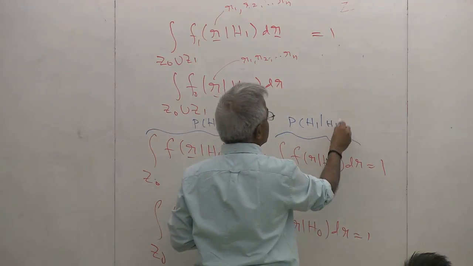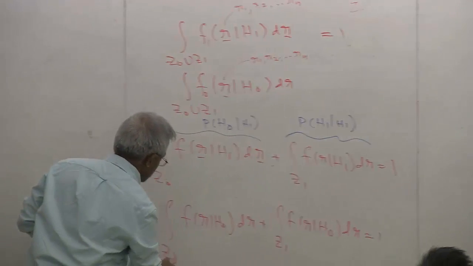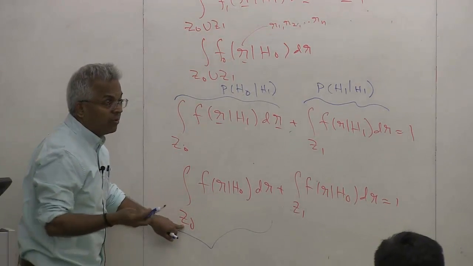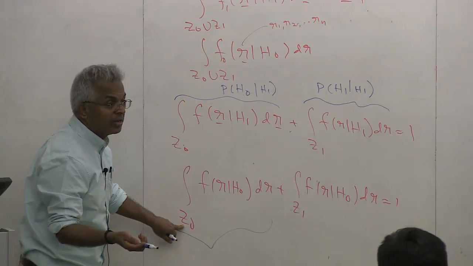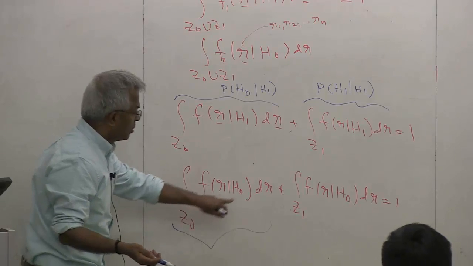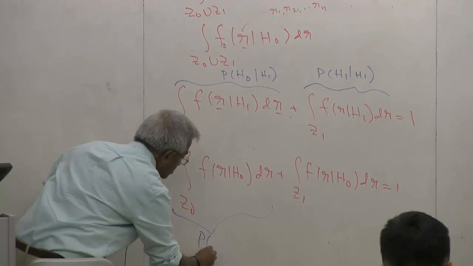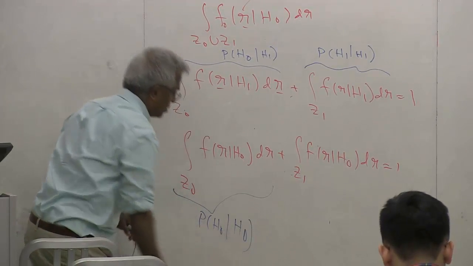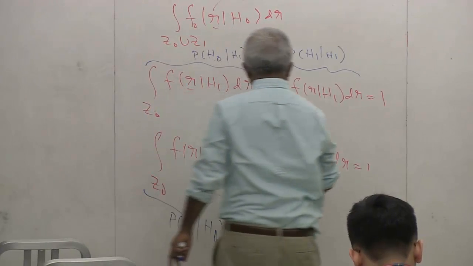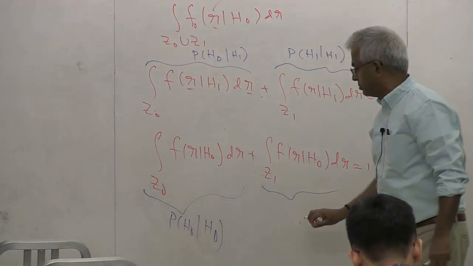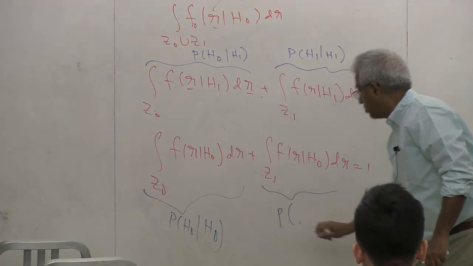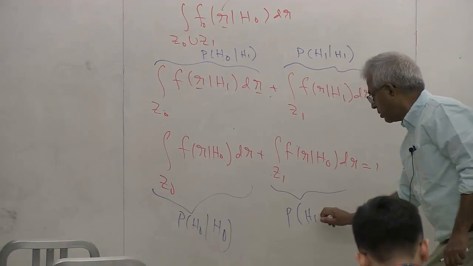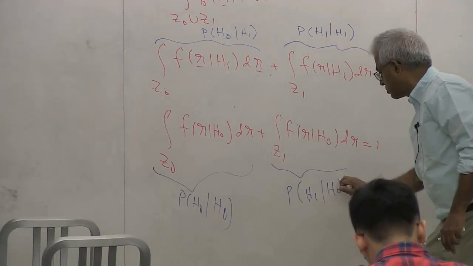Similarly here, what is the probability of R falling in Z0? If R falls in Z0, you are going to declare it as H0, but H0 happens to be true. So this is the probability of deciding in favor of H0 when H0 is true. And here, this is the probability of deciding in favor of H1 when H0 is true.